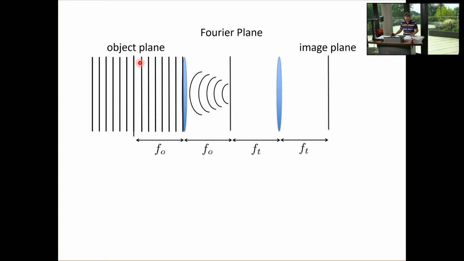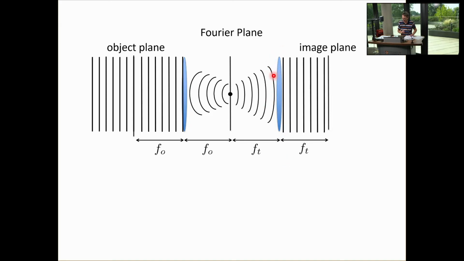And so if we now go on, the point in the Fourier plane emits spherical waves just by Huygens again, and the spherical wave is now used by the tube lens and turned back into a plane wave. And so you can see that in the image plane, we have a replica of the field distribution of the object plane.